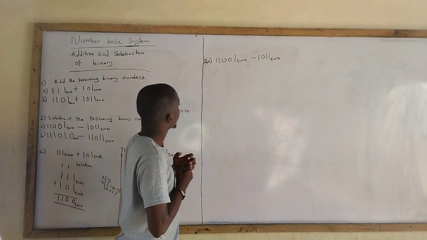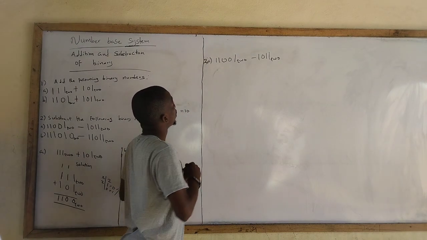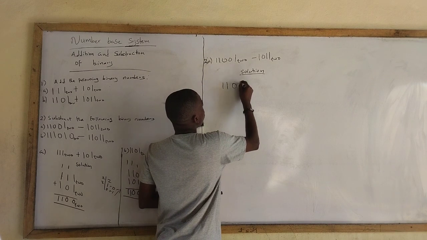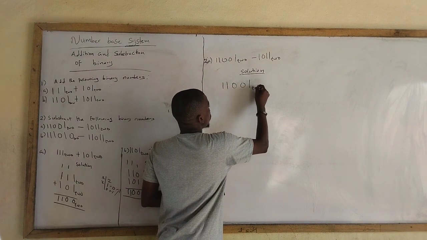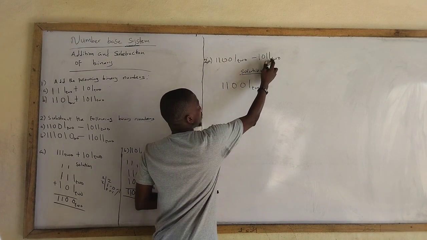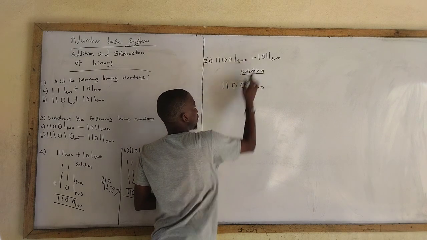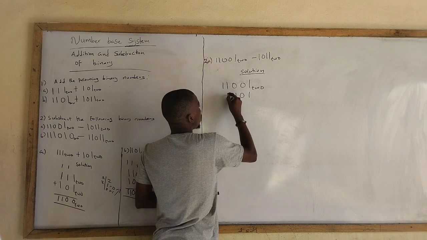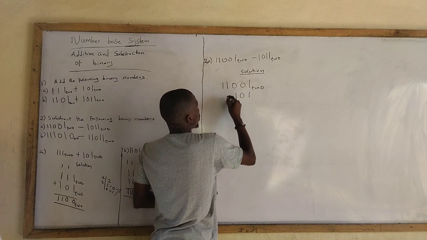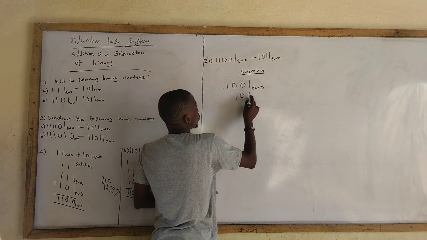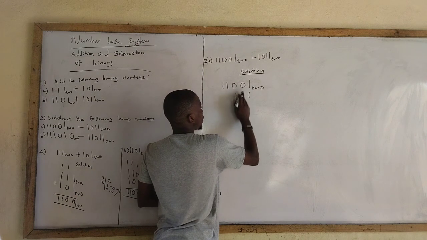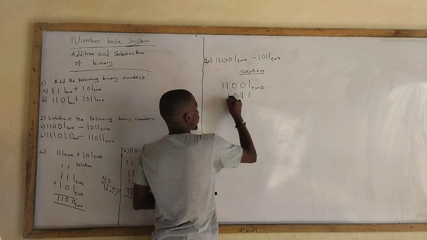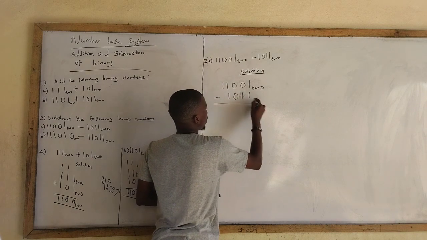Okay. Have 1 1 0 0 1 base 2. Okay, start. Carry here and put it here. So we start from here.